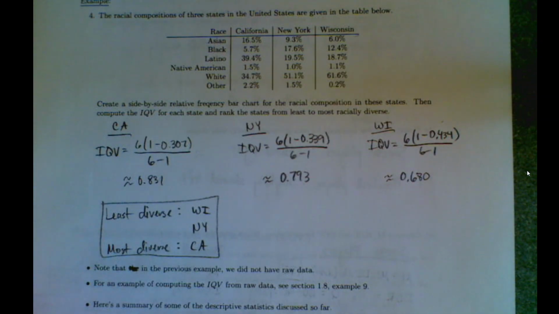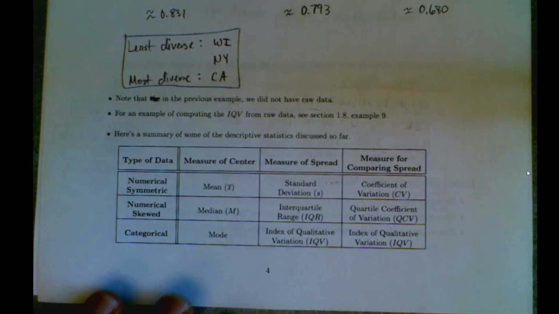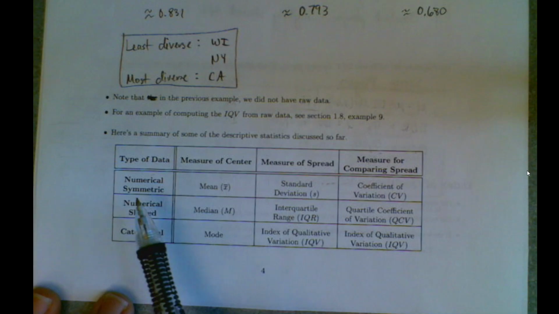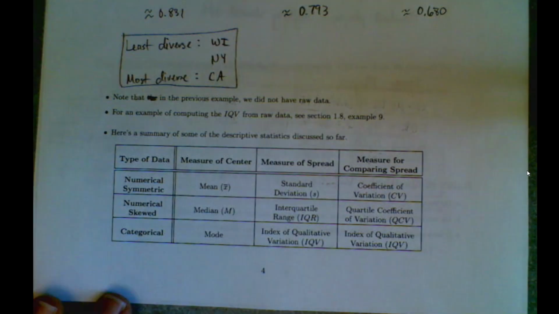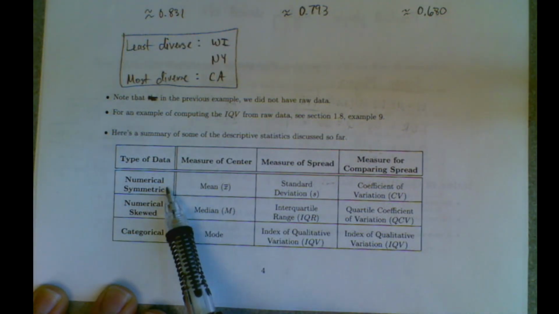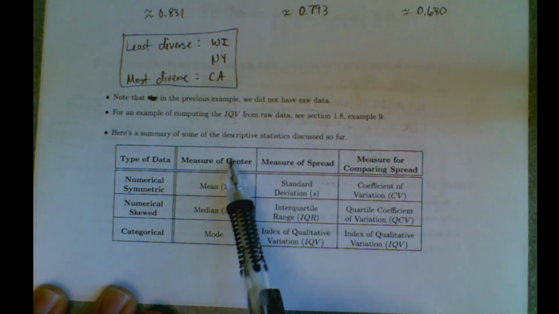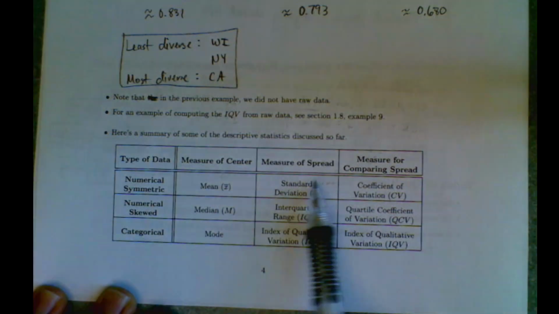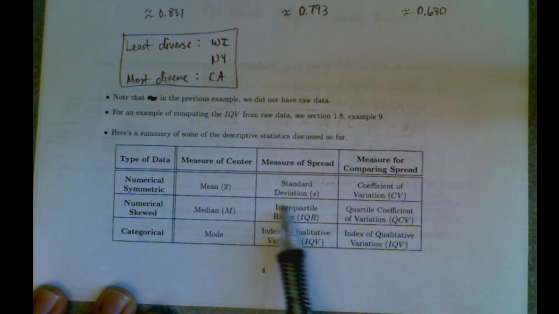Okay, so as a summary of what we've talked about in this section and putting it together with what we've talked about in other sections, if you're just trying to describe a single data set, if the data set is numerical and symmetric, you would describe the center of that data set with the mean and the spread with the standard deviation.